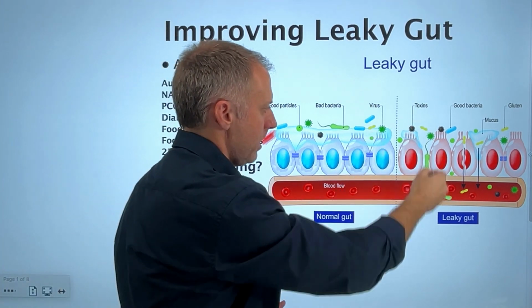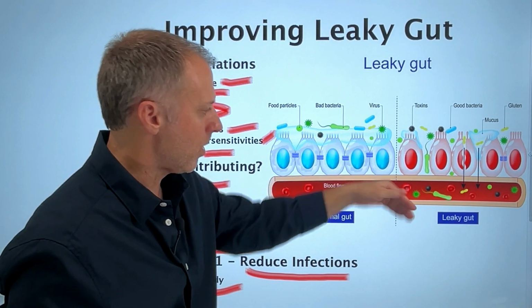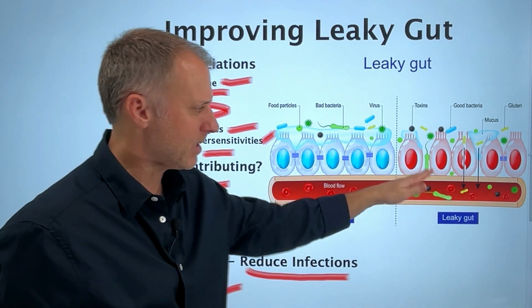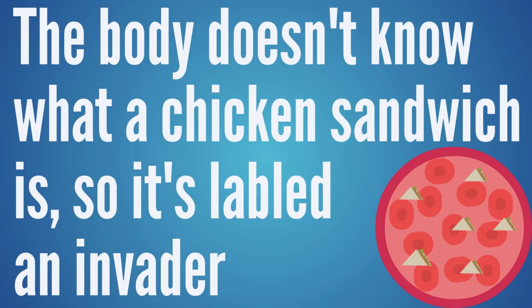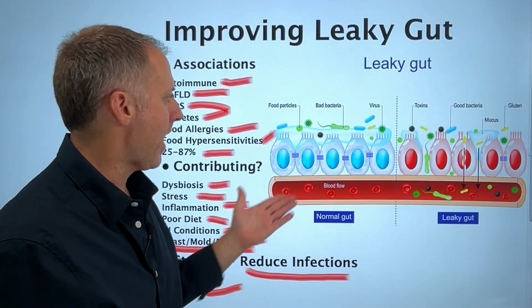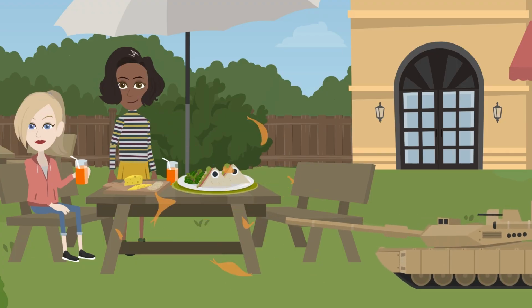I'm gonna come on in here, because they're not broken down into the elemental nutrients. The body wants to see vitamins and minerals and amino acids come into the bloodstream. It doesn't want to see a chicken sandwich. It doesn't know what a chicken sandwich is, and that becomes an invader. And now every time you eat a chicken sandwich, your body is going to war against a chicken sandwich.